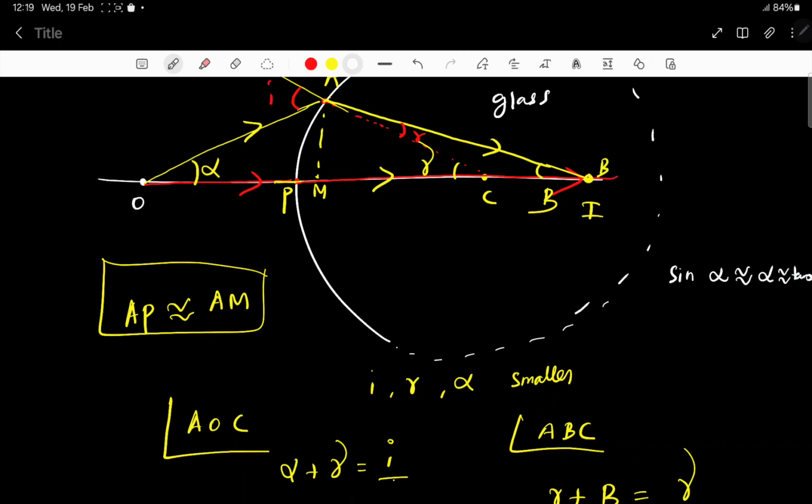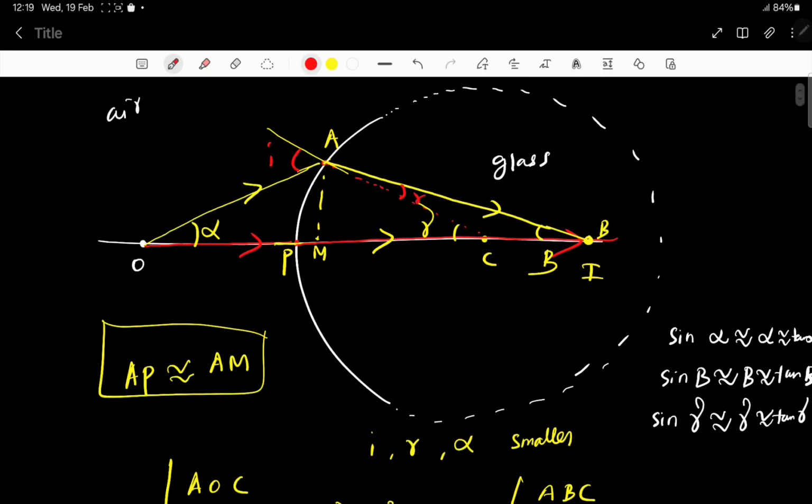Similarly, since all the angles are small, I can make use of the small angle approximation for all angles. So sine of beta is approximately equal to beta itself or tan beta. Similarly, sine of gamma is approximately equal to gamma itself or tan gamma.